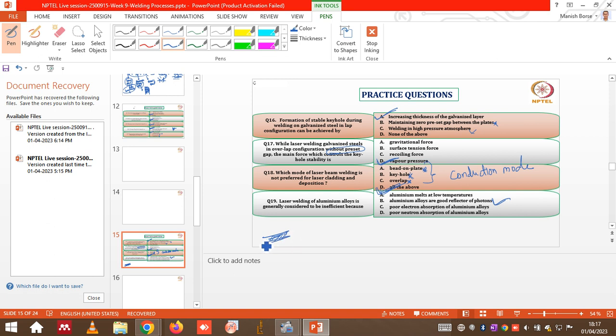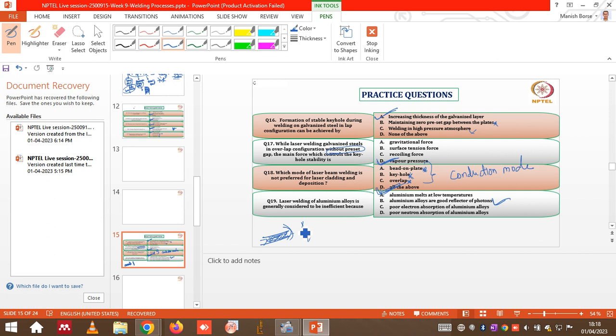That photon will impinge on the material, and the kinetic energy of this photon will be converted into heat energy. So any material which is a poor absorber or good reflector of these photons cannot be heated up with the help of laser beam sources, right?